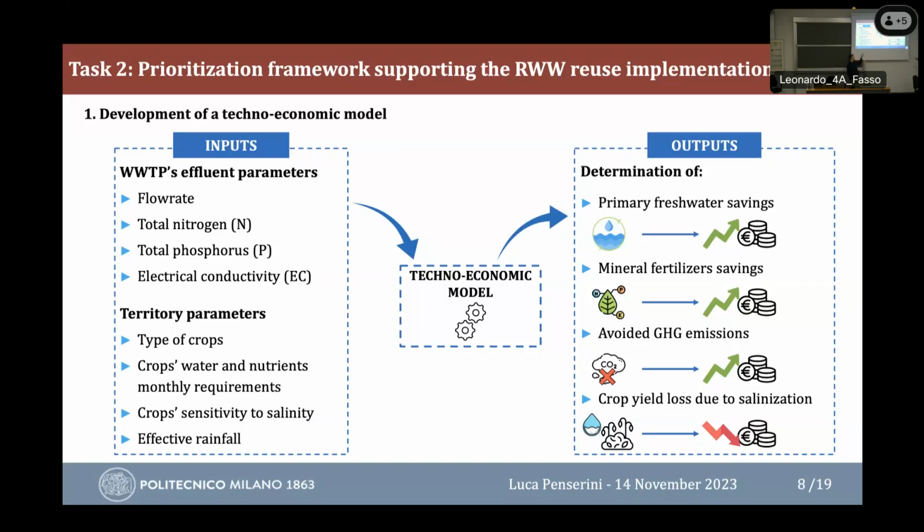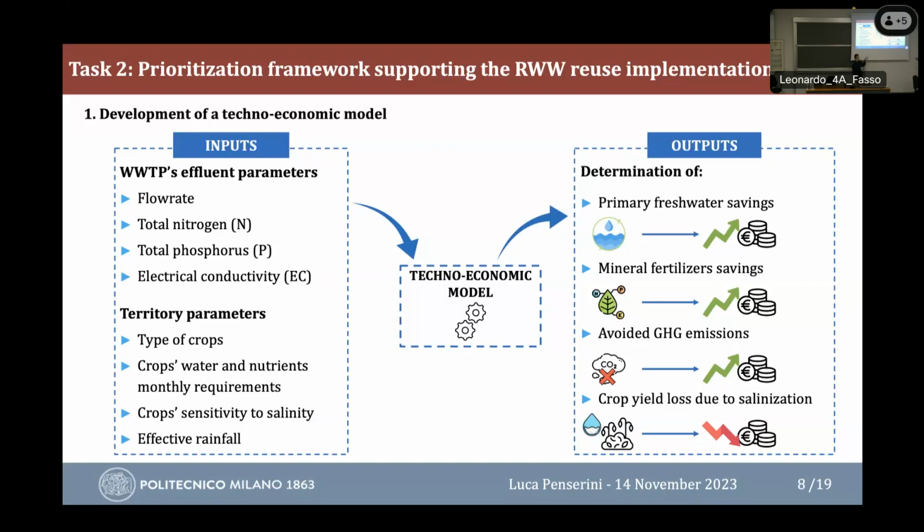So we quantify how much primary fresh water we can save, in terms of volume per year, how many kilos of mineral fertilizer we can save with wastewater use, the same with avoided greenhouse gas emissions. And lastly, we quantify the crop yield loss due to salinization caused by wastewater irrigation.